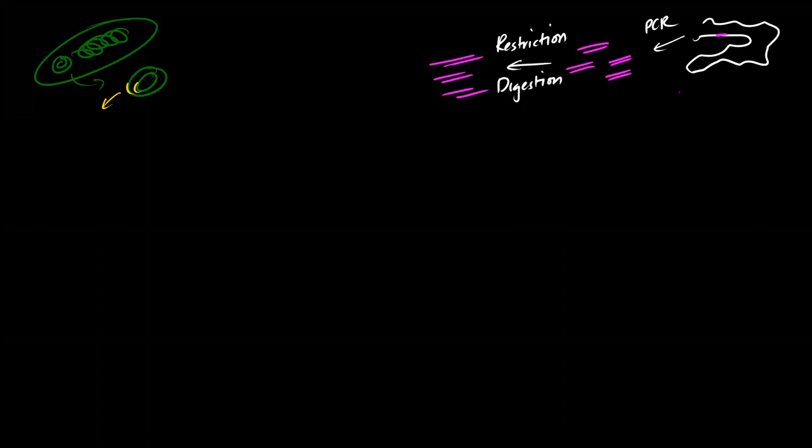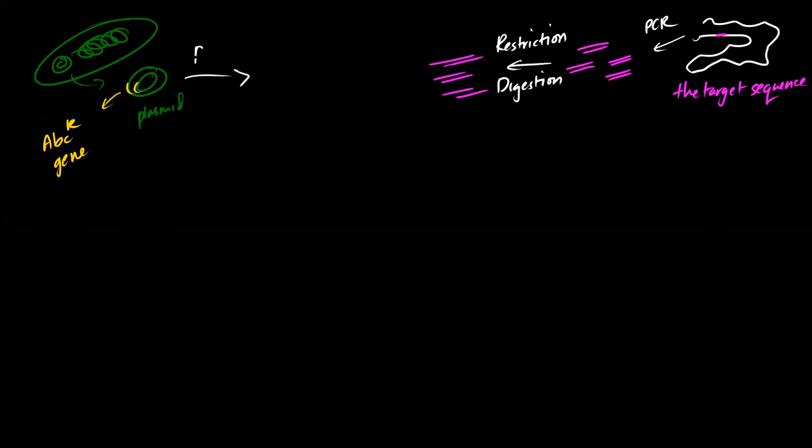Here we have the target sequence to be cloned, and here we have a plasmid that will be used for cloning, carrying the ABCR gene. We cut it with the same restriction enzyme, so here we have restriction digestion.